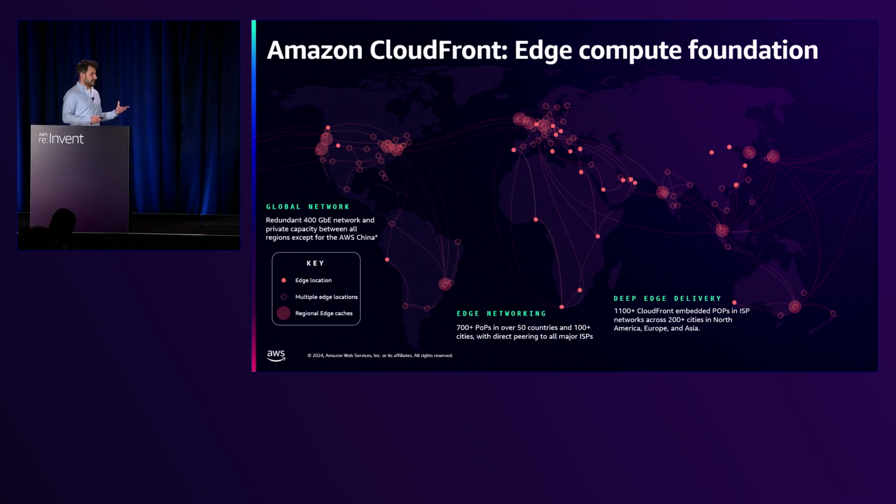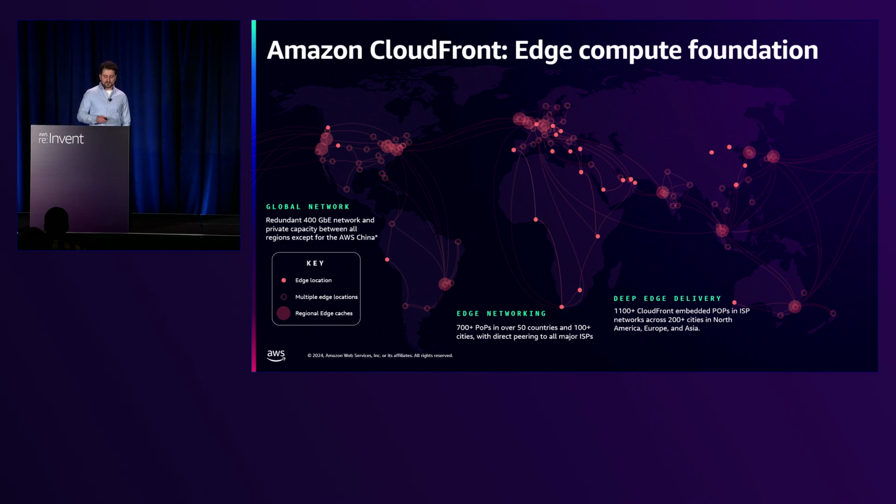Now, all those edge locations are also very well connected with any AWS-hosted origin. And that happens through the AWS Backbone Network, which ensures stable, high bandwidth, and redundant connectivity all the way from those AWS regions to those edge locations, making it also isolated from any internet-level instabilities.